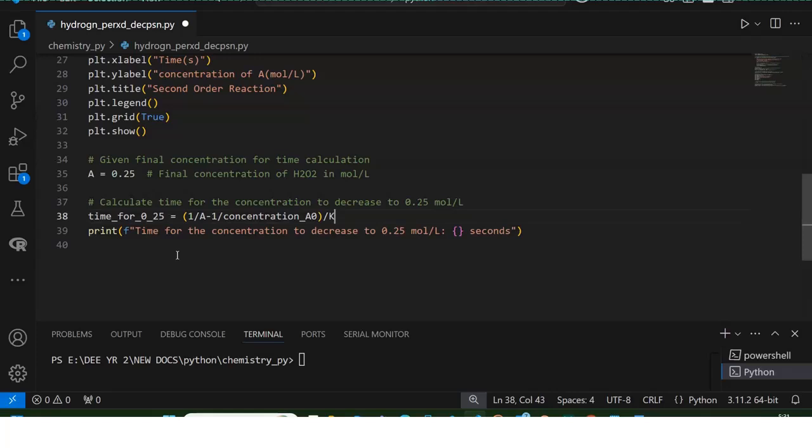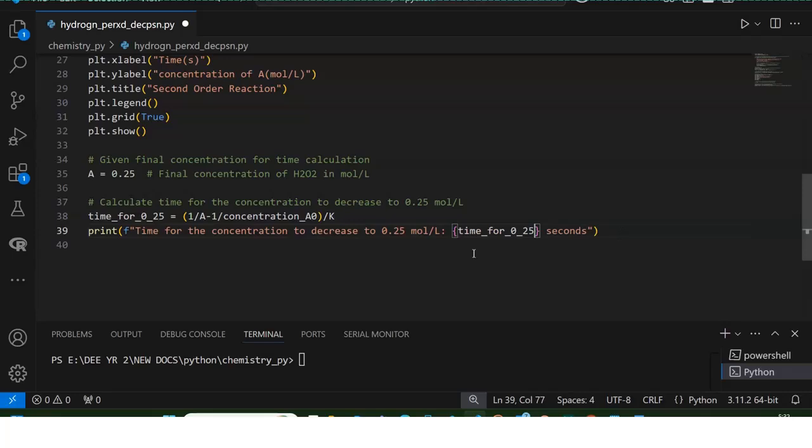For example, we format our output like: time for concentration to decrease to 0.25 moles per liter is whatever is going to be here. That is going to be the time computed from this function. So we copy this variable and put it here, and then it will be in seconds.